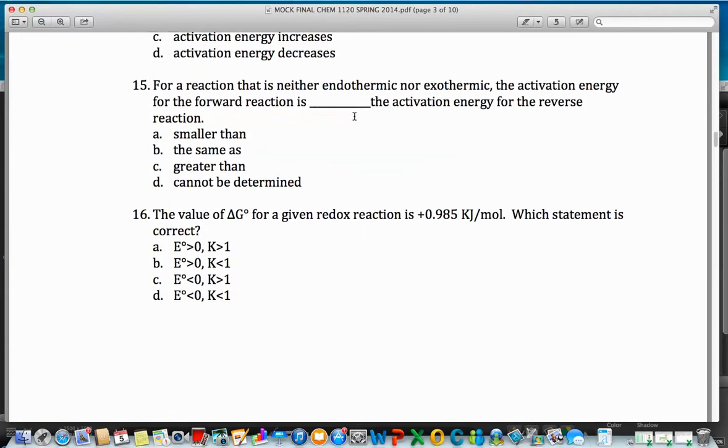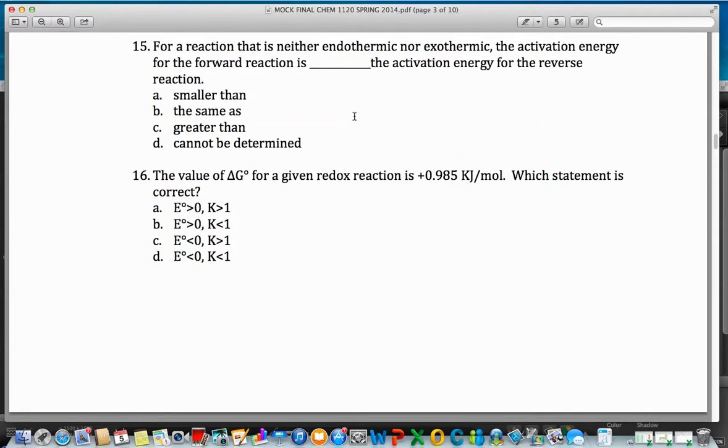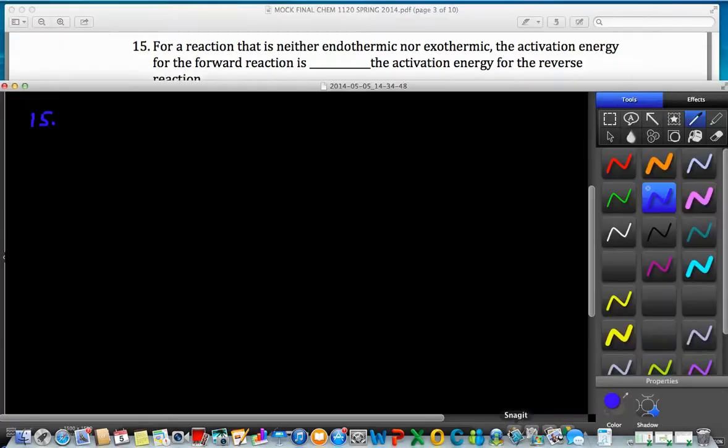Number 15. If we have a reaction that's neither endothermic nor exothermic, this means that the activation energy must be absolutely the same in both directions. I think a simple graph will illustrate this point.